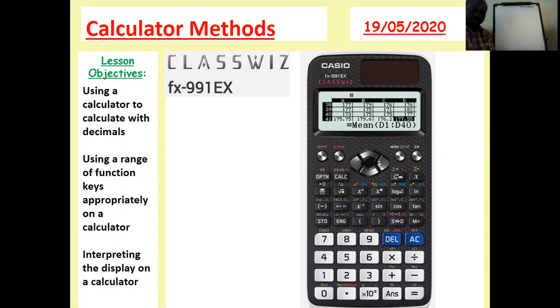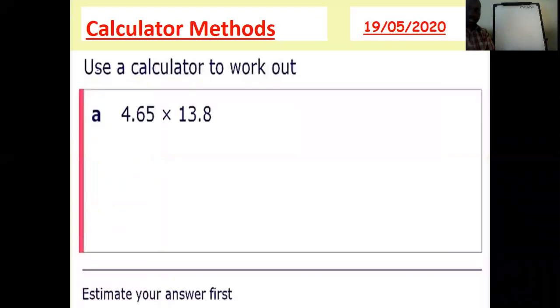Right. First question says, use a calculator to work out. So first of all, copy the question down in a box. 4.65 times 13.8. So you type 4.65 times 13.8 and you press equals.